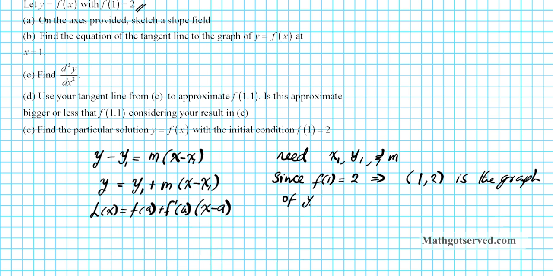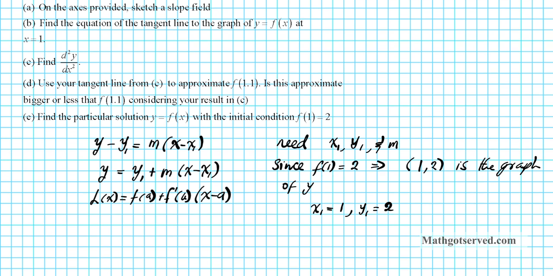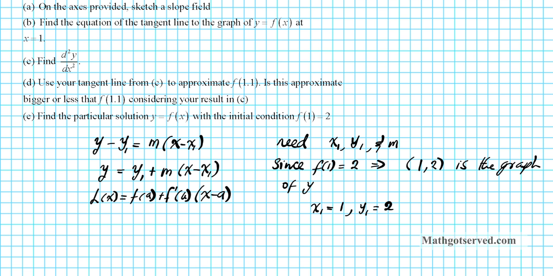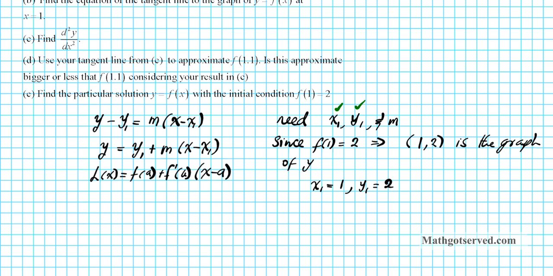So now that we have a point on the graph, we now know that x1 is equal to the x coordinate of that point, and y1 is equal to the y coordinate of that point. We have 2 items that we need to create the equation of our tangent line down, the x and the y coordinates. Next thing we need is m. Okay, m is basically the slope of the tangent line at that point, dy/dx at (1, 2).